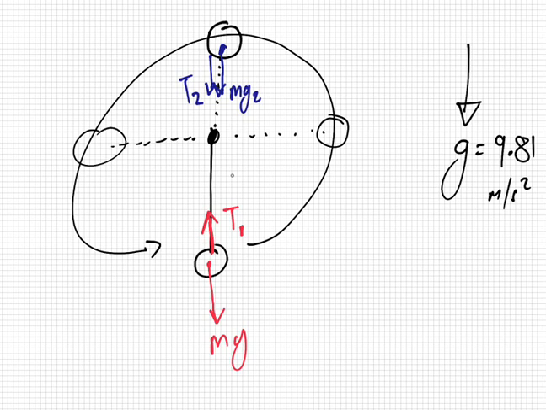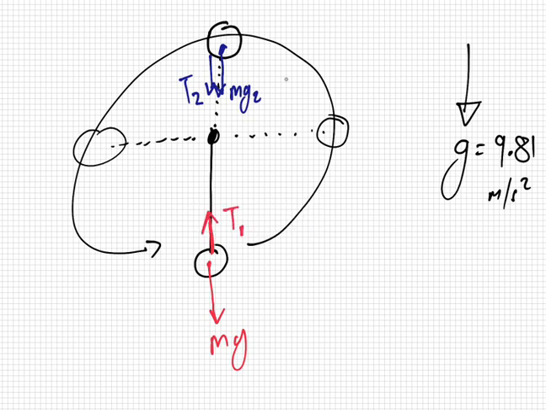But remember, this is moving in a circle. So which way is the force acting? Towards the center. At the top, which way is the force going? Towards the center. And at the bottom? Towards the center. So which force is bigger, T1 or mg?